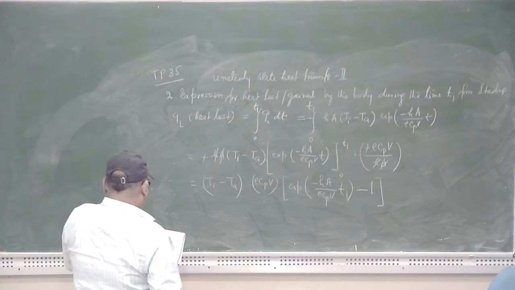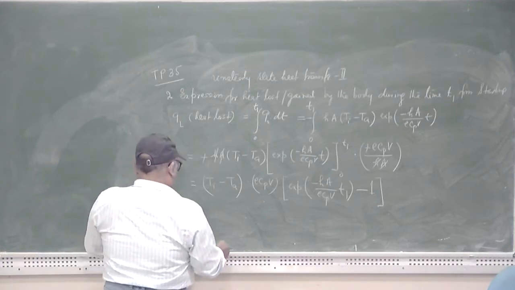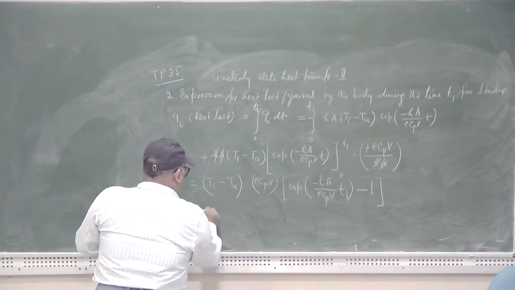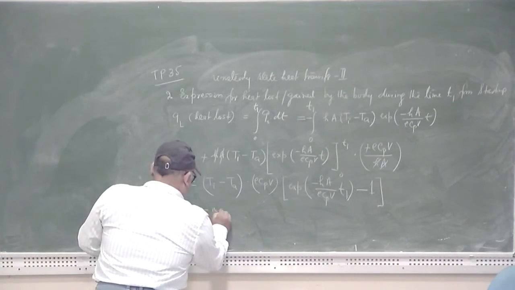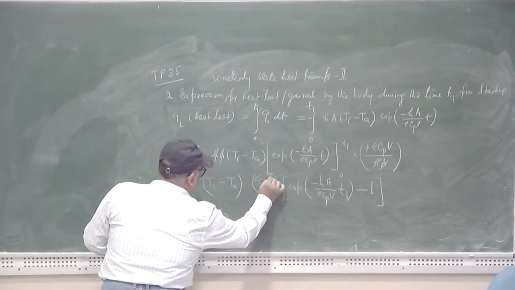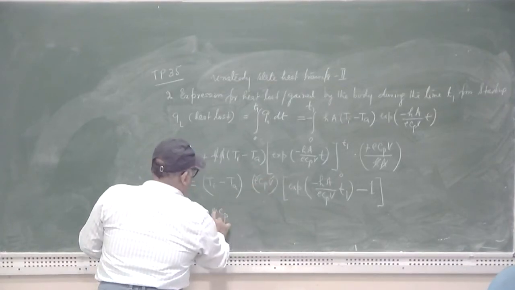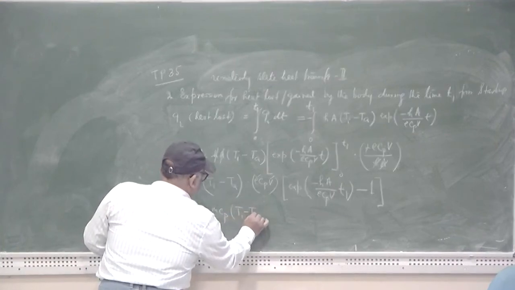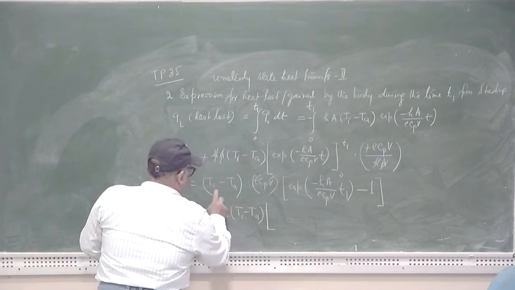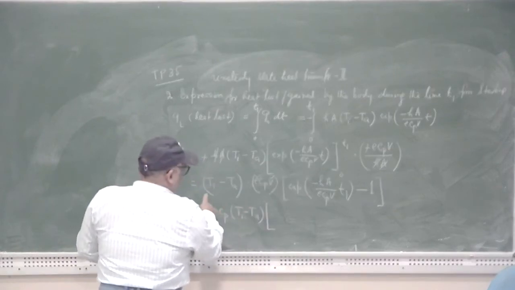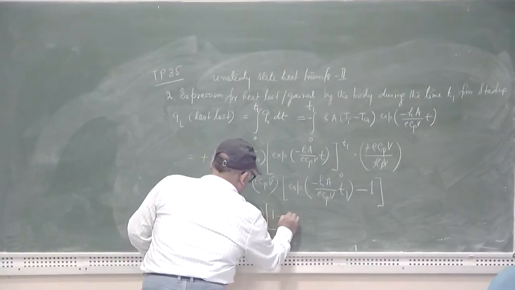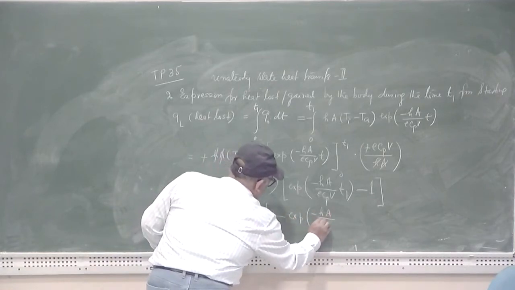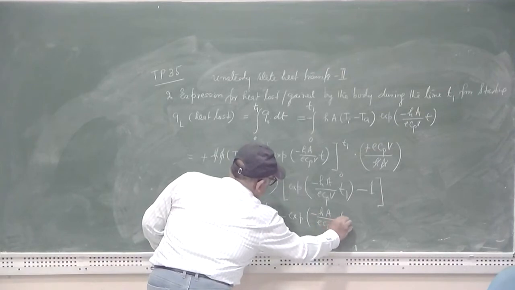So that equation can be further written as minus mCp, this and this quantity have been clubbed together. So minus mCp into Ti minus Ta, and if you are putting the minus sign here, then this expression will be 1 minus exponential of minus hA divided by rho CpV into T1.